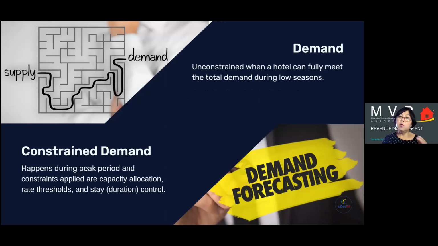But when there is demand, then there's no constraint. The hotel can market easily, and during peak period, you have to put in all the constraints and threshold policies.